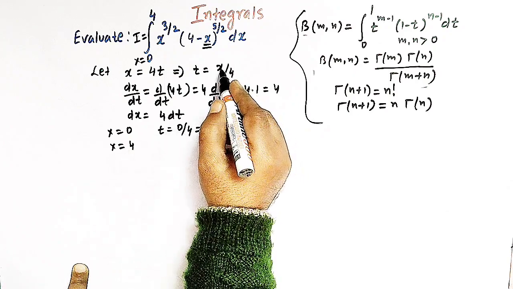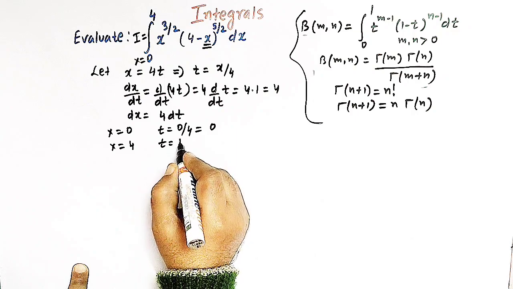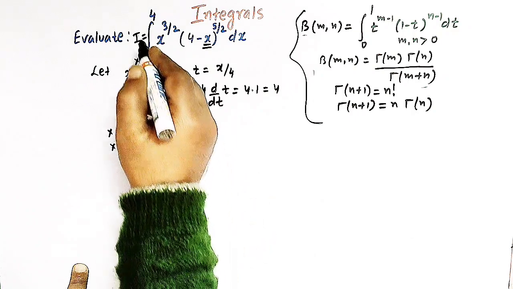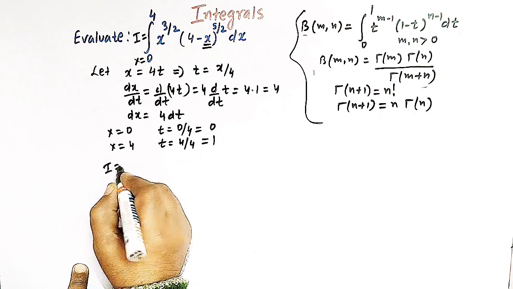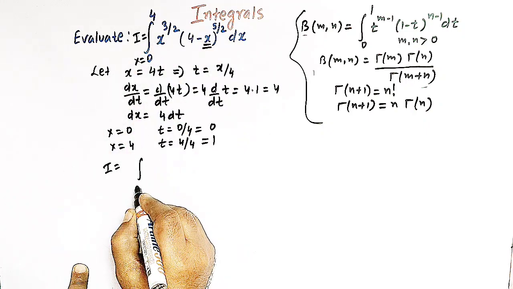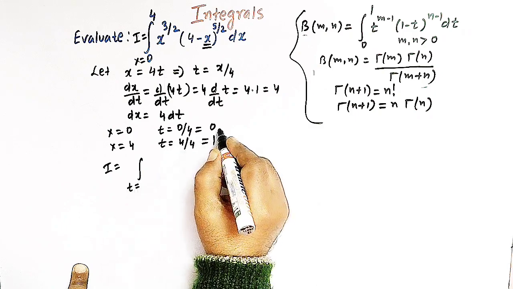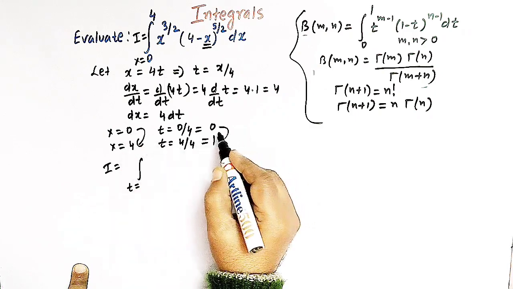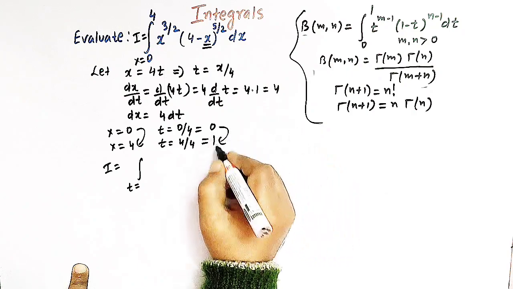And when x is 4, then t is 4 over 4, that is 1, right? So now let us write this integral I in terms of t. We can now write the limits from 0 to 1, because when x changes from 0 to 4, t goes from 0 to 1.